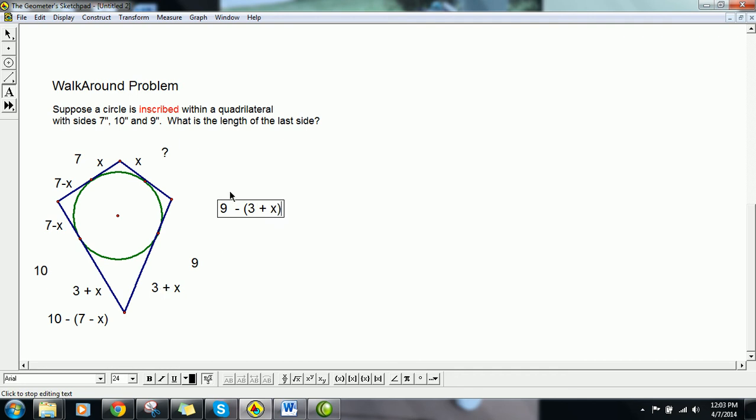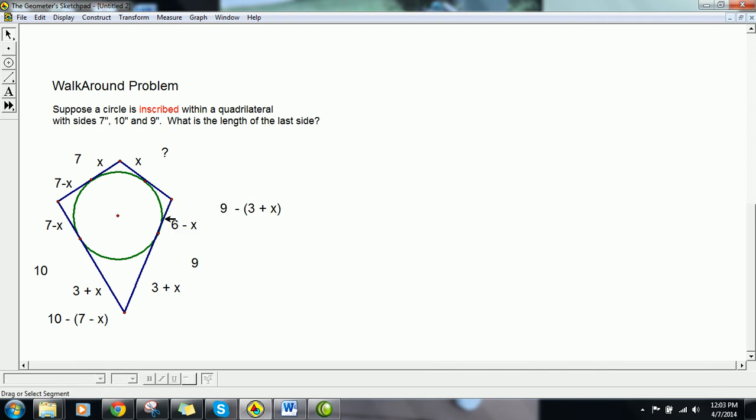All right, and again, when I distribute, it cleans up nicely. You get 9 minus 3, which is 6, minus x. So this piece really is 9 minus 3, minus x, which is 6 minus x. Again, these two are equivalent, I just distribute the negative sign.